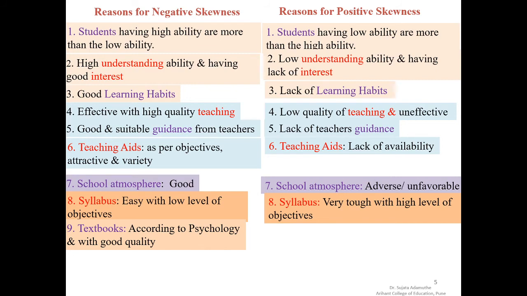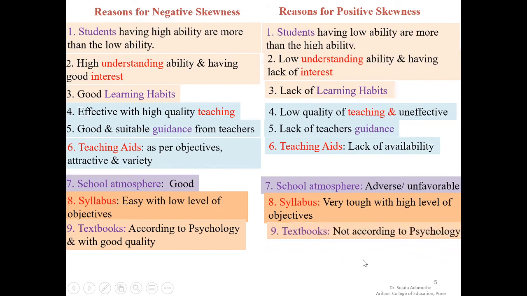Again, according to the age of the student, the pictures have been put there, learning resources and references have been given there, then automatically the students will get high scores, and negative skewness will be observed there.